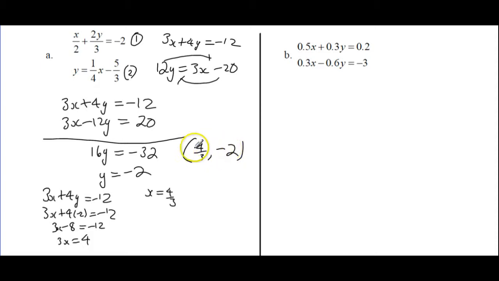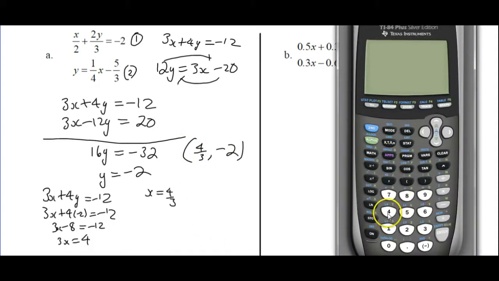Okay, so how are you going to verify that? Well, you know what? Let's just plug it in the calculator. So equation 1, we're going to go with 4 thirds divided by 2 plus 2 times negative 2 is negative 4 divided by 3, and the idea is, hey, is that going to be equal to negative 2?